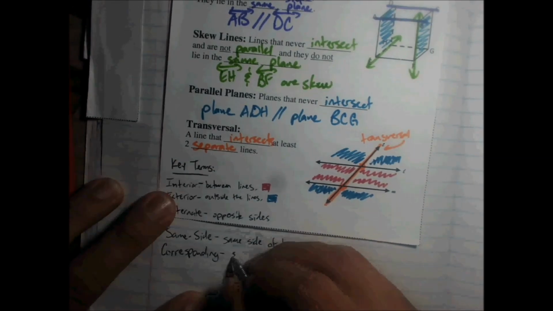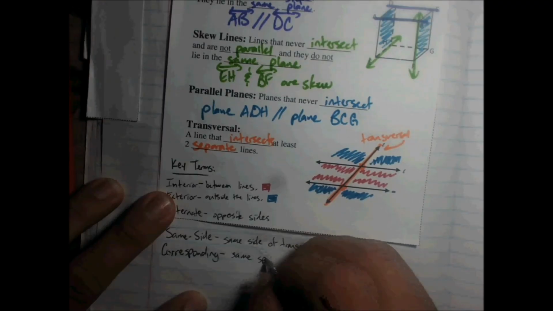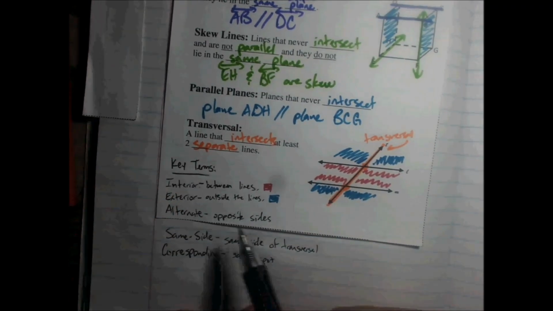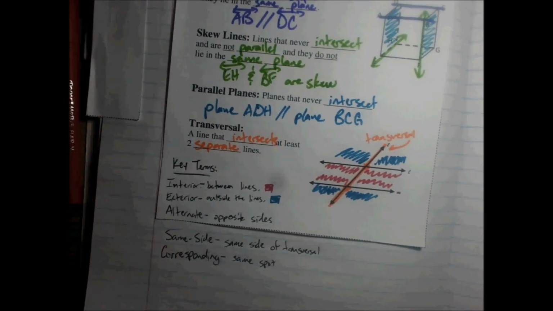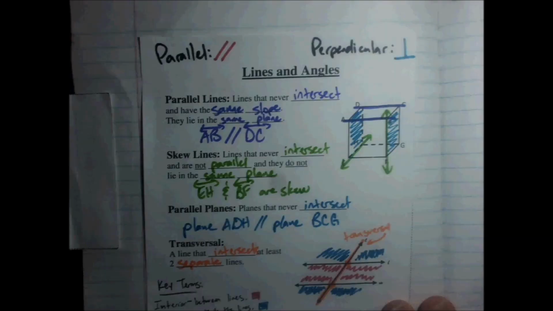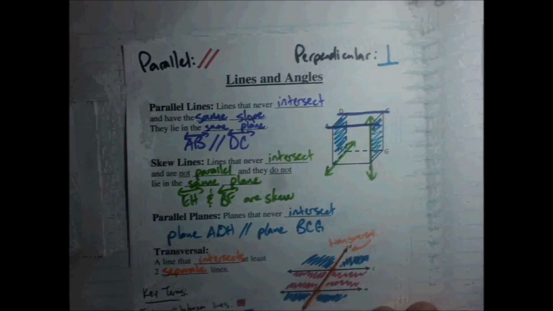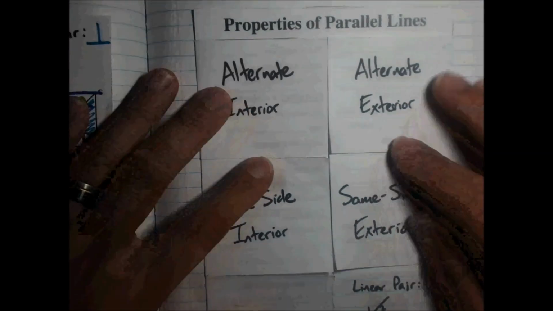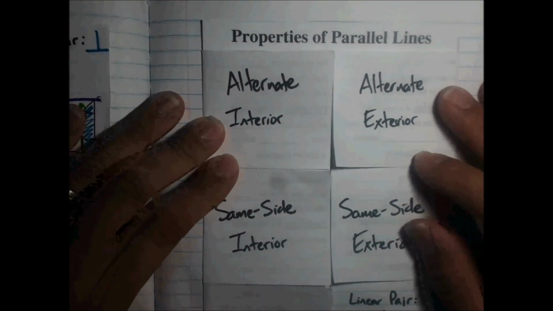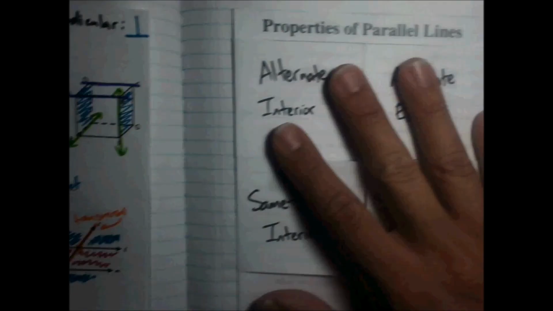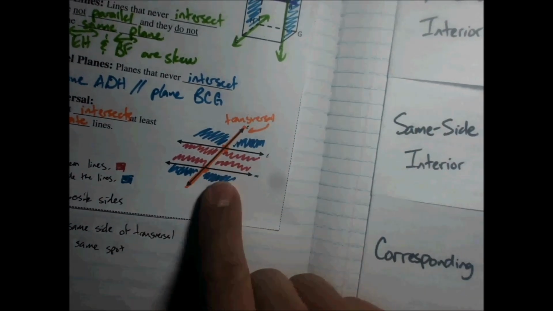So let's go on over to properties of parallel and perpendicular lines, or parallel lines. All right. So all of this has to do with this picture we have here, with our transversal, and you'll see them even on the inside. So there's a lot of different ways, and again, all these keywords are the same ones that I just had for key terms and what it looks like.